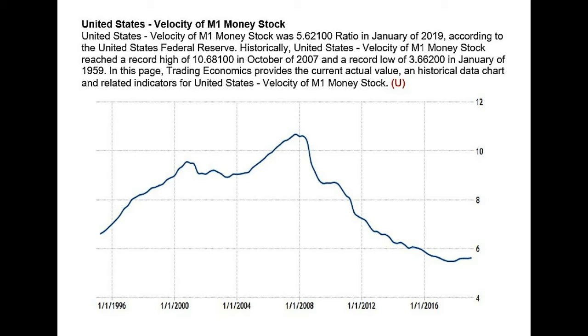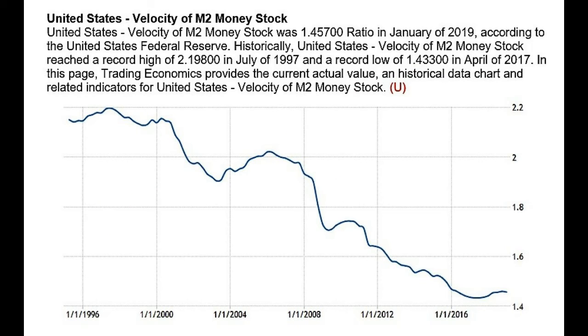Reduced M1 and M2 money velocity is a clear indicator that things aren't going well on Main Street. Please read the text above the graphs to establish the difference between M1 and M2 money stock.